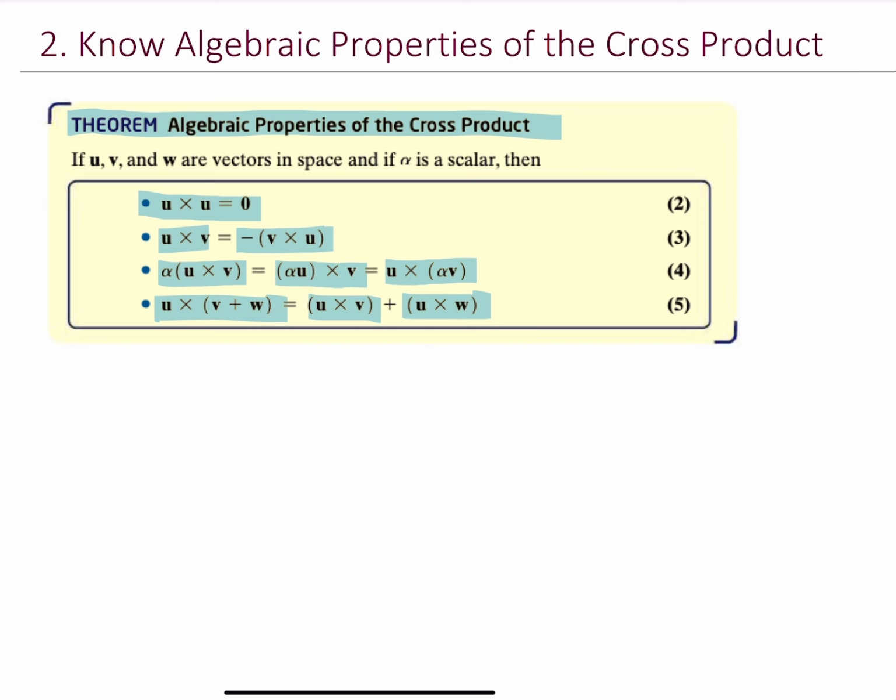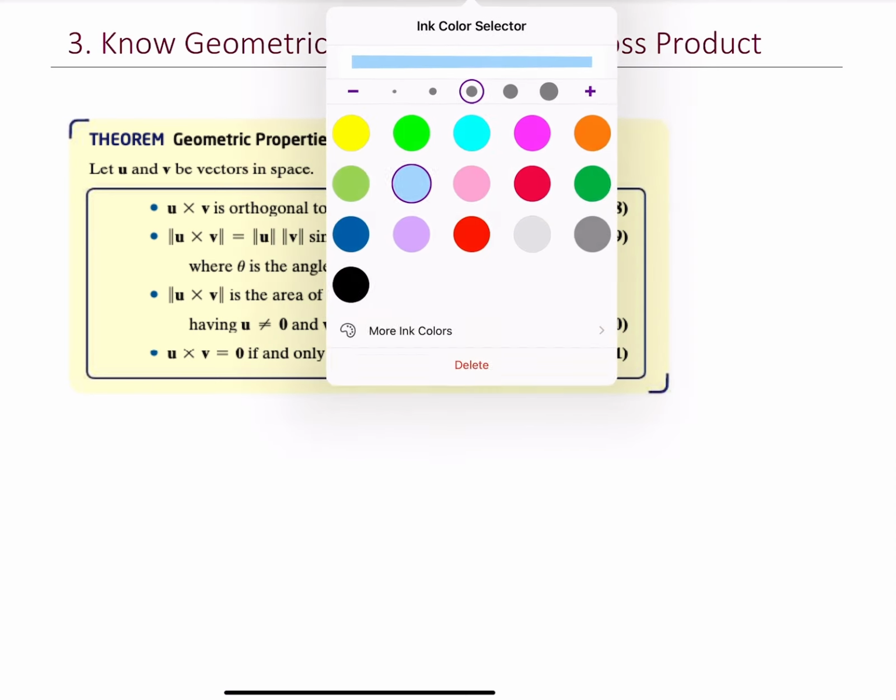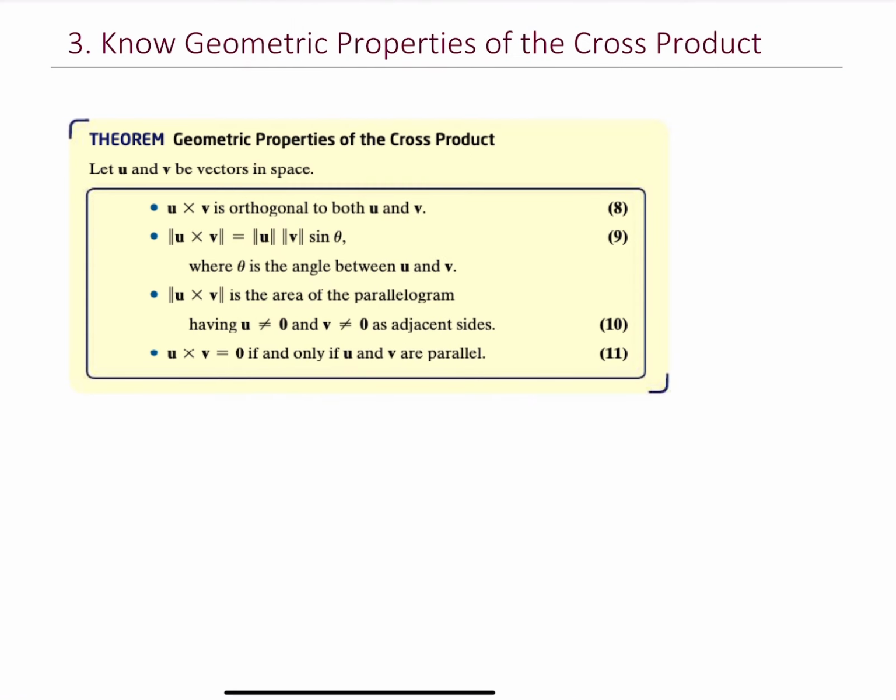There's also some geometric implications of the cross product as well. So one that is used a lot is the fact that the vector that we get after we cross two vectors, so we have vector u, vector v. If we do u cross v, we get another vector.